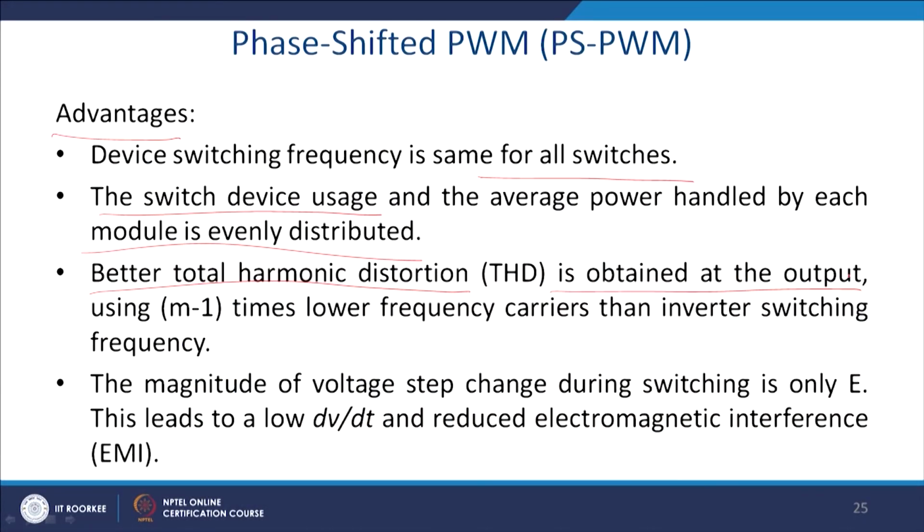The switch device usage and the average power handled by each module are evenly distributed, and thus losses are also evenly distributed, and the design of the heat sinks becomes simpler. Better total harmonic distortion or THD is obtained at the output using an M minus 1 times lower frequency carrier than the inverter switching frequency.